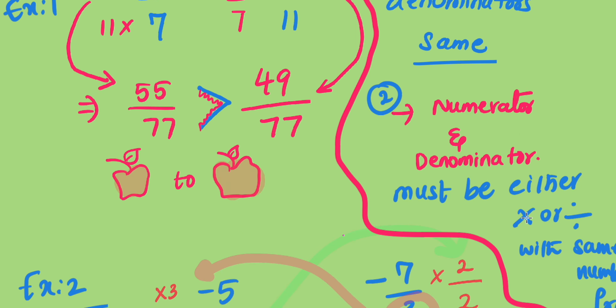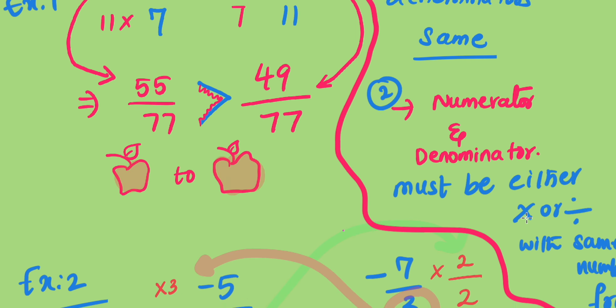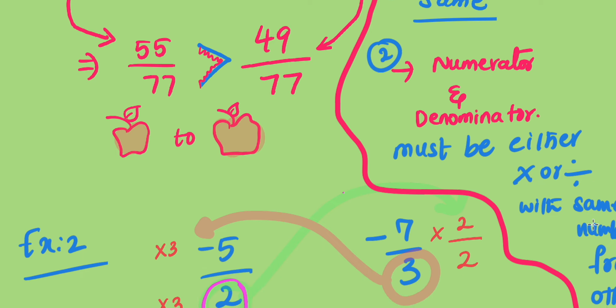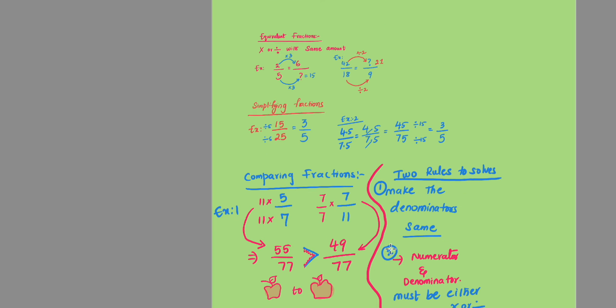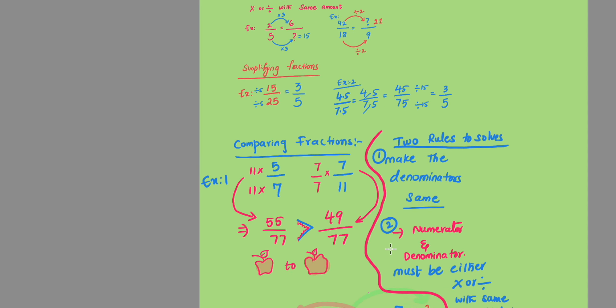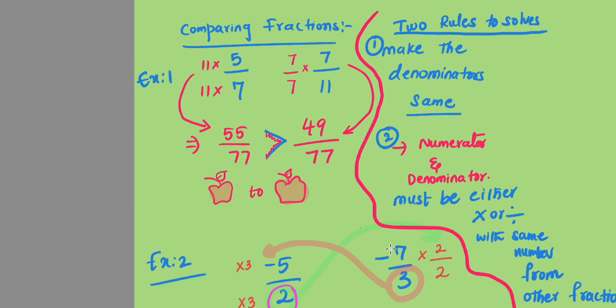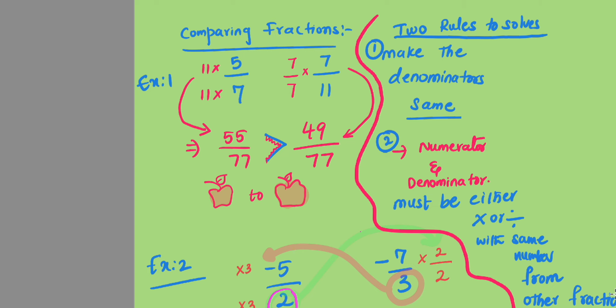And the second one is the numerator and denominator must be either multiplied or divided with the same number, from the other fraction's denominator.